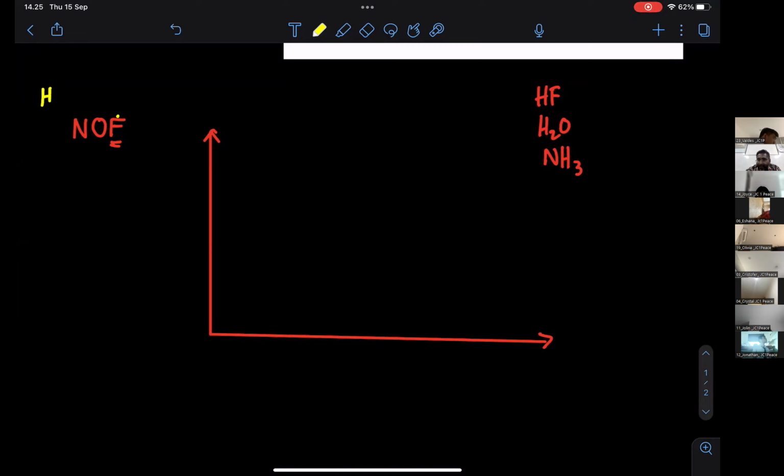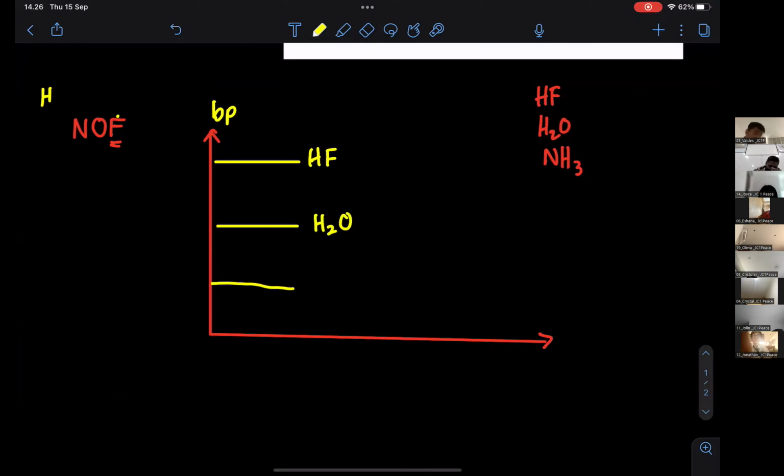Randomly, let's say this is the boiling point of HF, followed by O, which is water, and followed by the lowest one, ammonia, because of electronegativity.